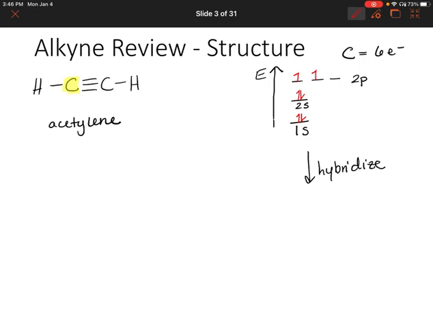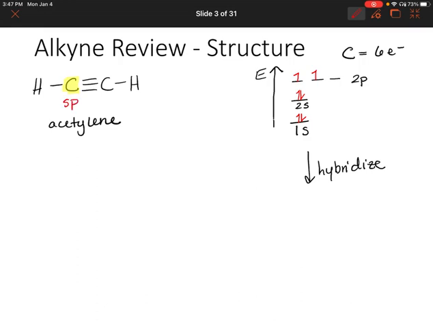So is it sp hybridized, sp2 hybridized, or sp3 hybridized? So it's only bonded to 2 other atoms, and if it only has 2 bonds, its steric number is 2, which means that its hybridization is sp.